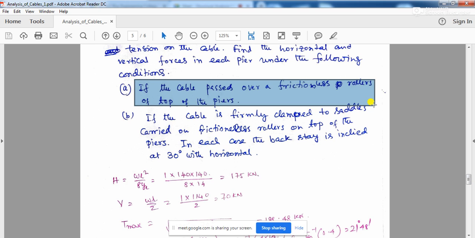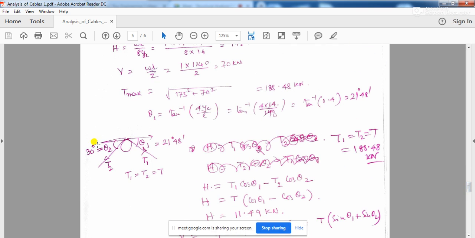If it is passing over frictionless rollers, then what will happen? This kind of condition will prevail. This is a frictionless pulley. On one side there will be T1, on the other side it will be T2. So this T1 should be equal to T2 because it is a frictionless pulley.